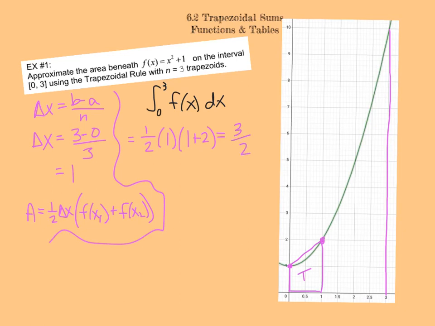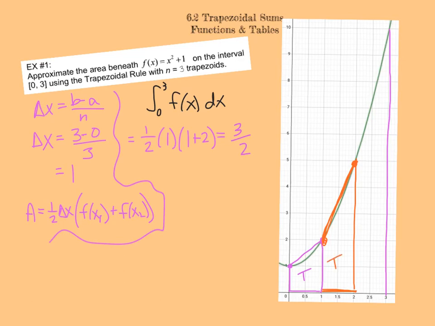Cool. All right, let's do our next one. Do it in orange. So we have this coordinate again. We move 1 unit over, and then 2 goes up to 5 here. Okay, this trapezoid is a slight overestimate because it's a little bit above the green curve.